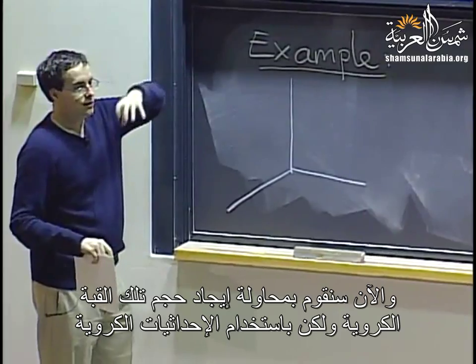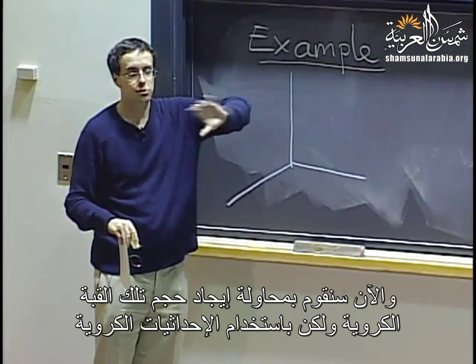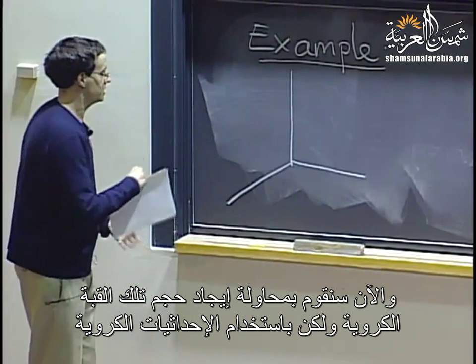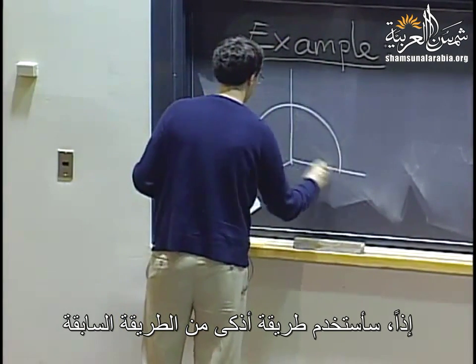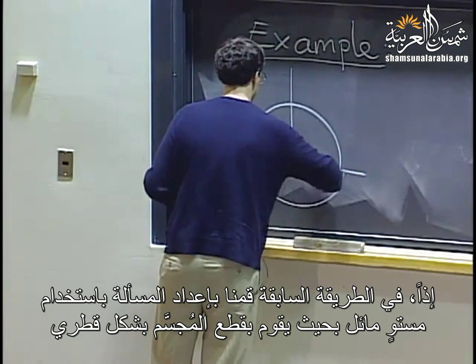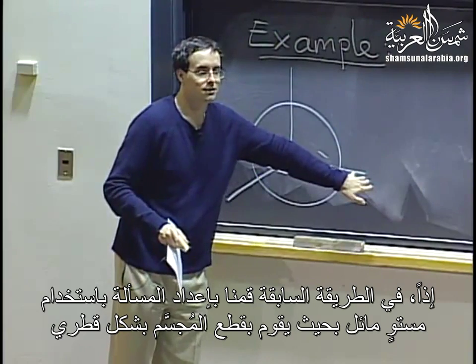And now we're going to try to find the volume of that spherical cap again, but using spherical coordinates instead. So I'm going to just be smarter than last time. So last time we had set up these things with a slanted plane that was cutting things diagonally.